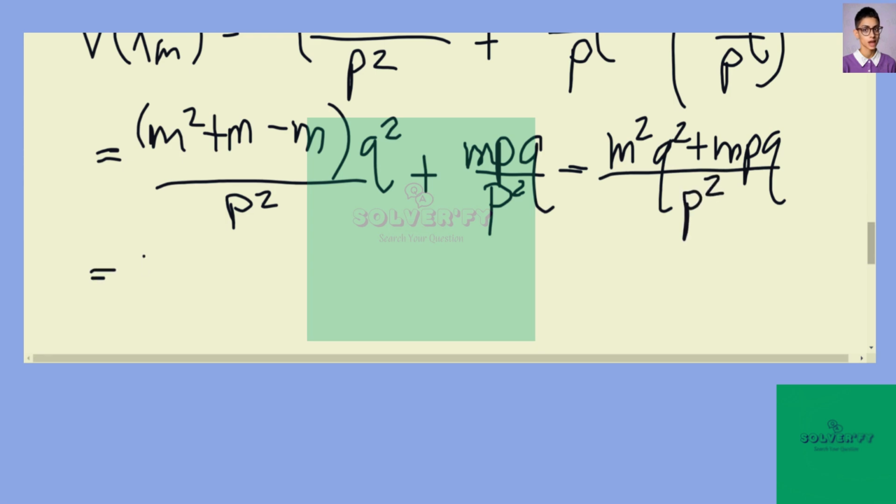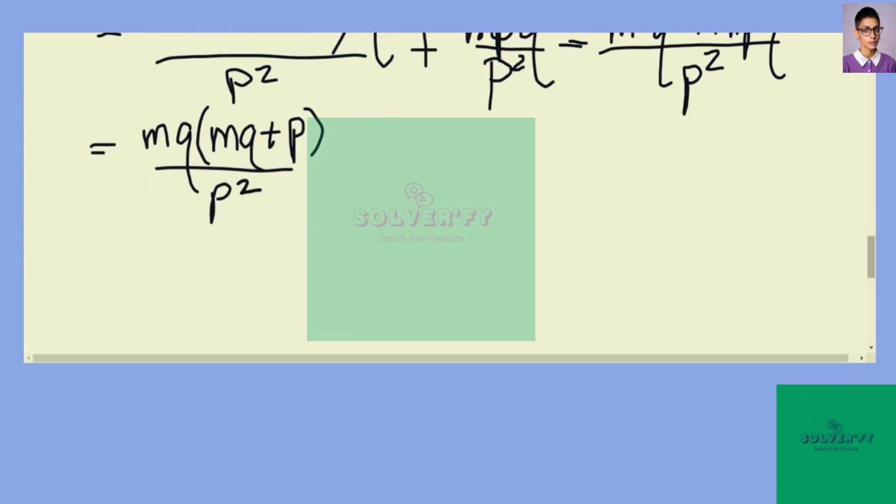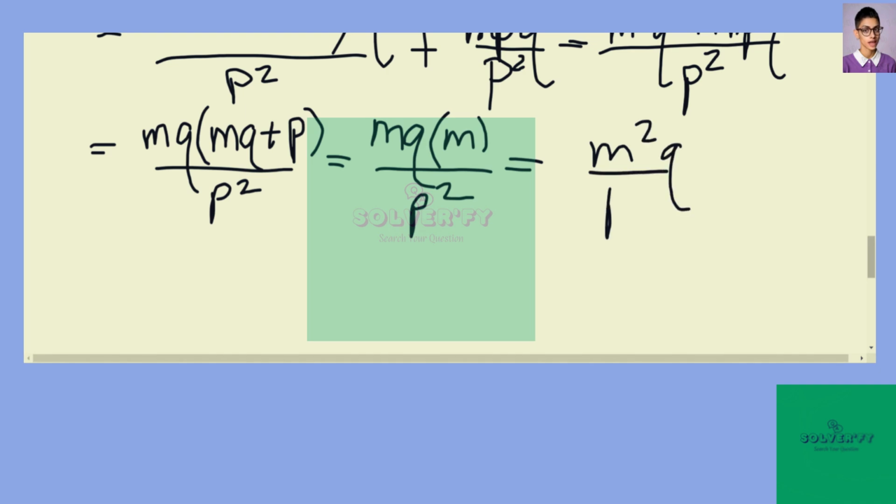We factor out m q to get m q times (m q plus p) over p squared.